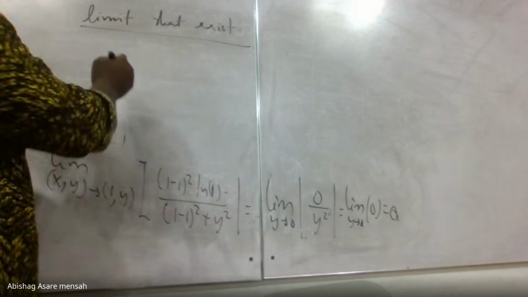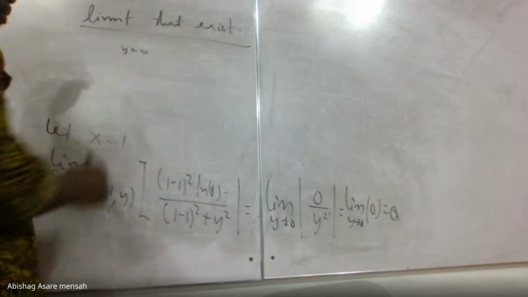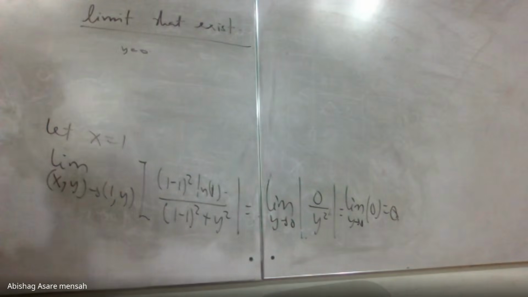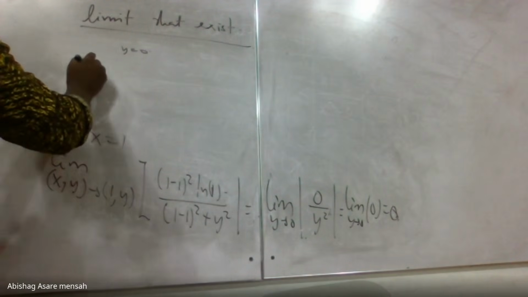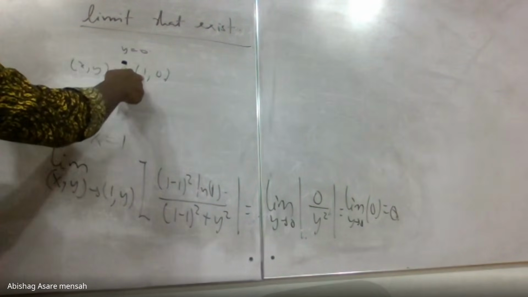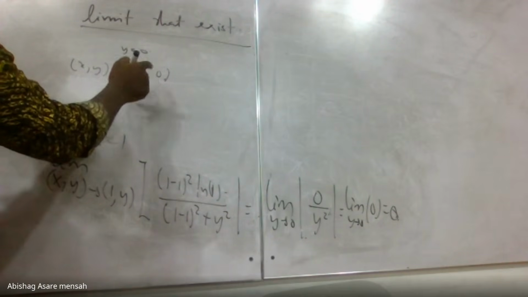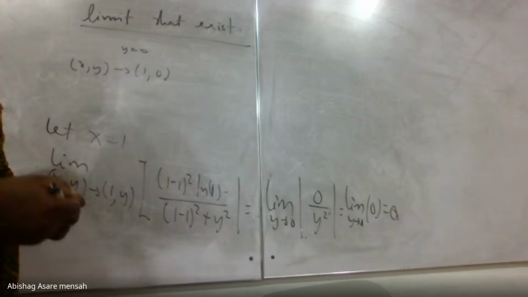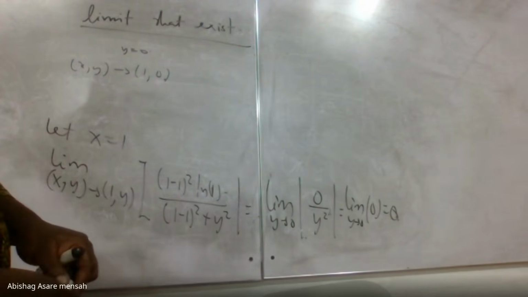So set y equal to 0 and try that. I told you, first set the limit that gave you (x, y) mapping to (1, 0). So we started with this before coming to that. And this time we start with this before we come to that. I'll do that one too. Let's see if we get 0.